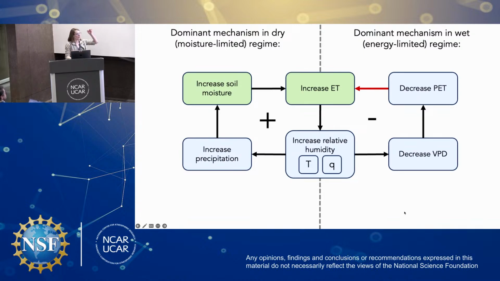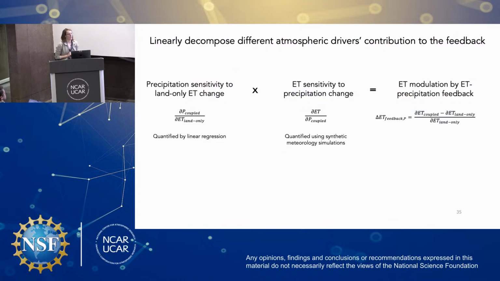So this is a qualitative description of these two feedbacks. We also do this more quantitatively. Specifically, we did a linear decomposition to quantify how much different atmospheric variables contribute to this overall feedback.